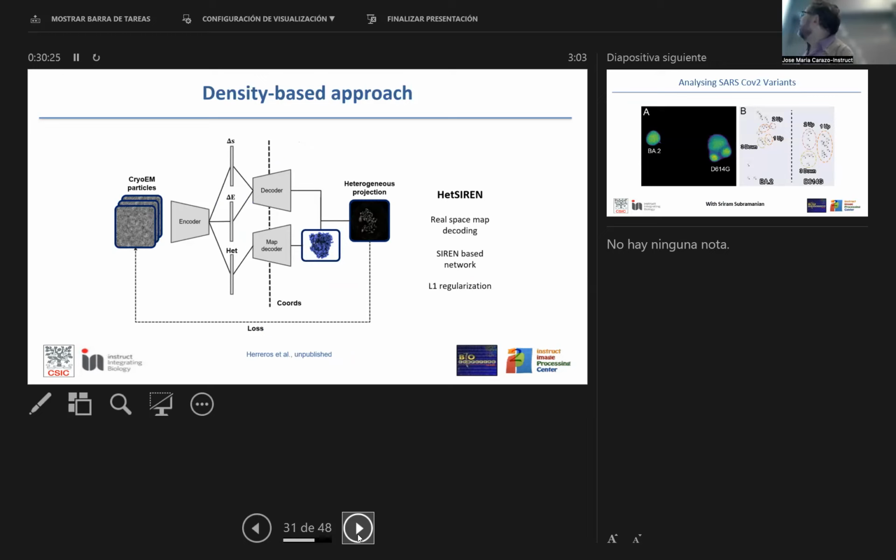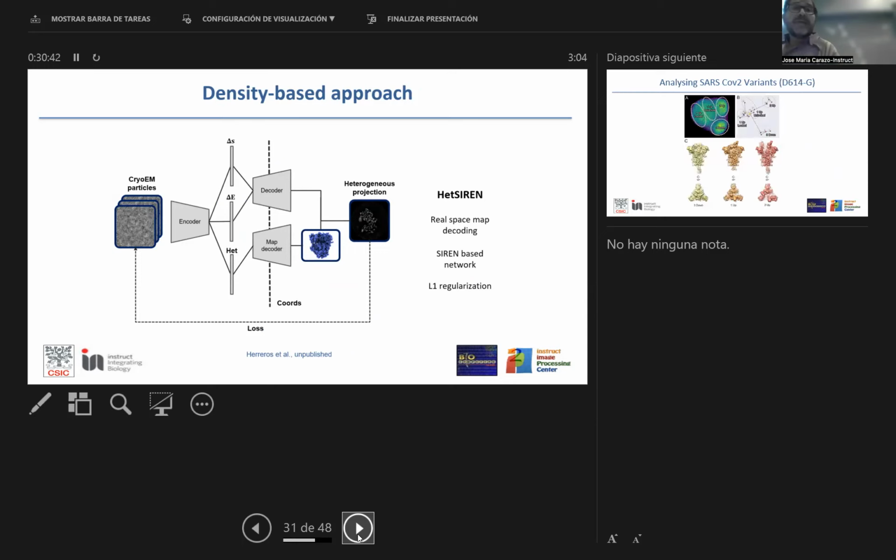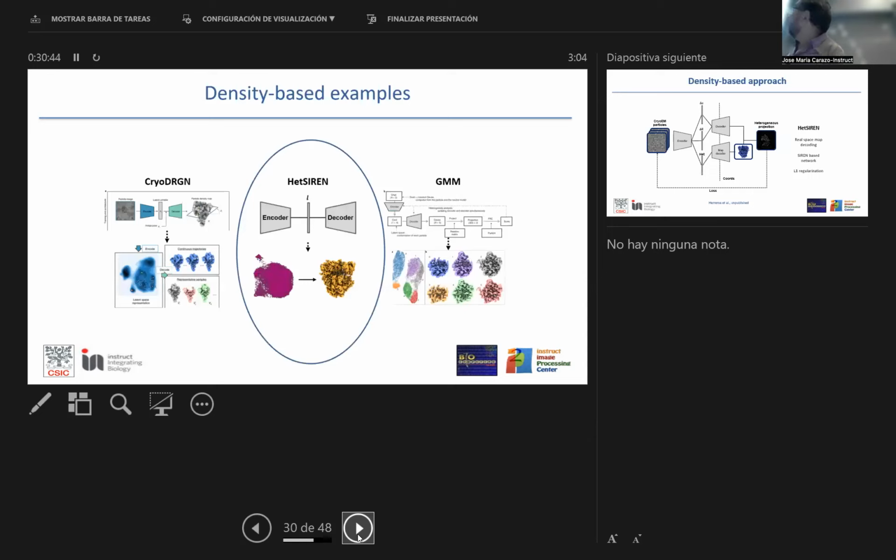I'm not going to go into the detail, but there are a number of nice things: we are working in real space. What does that mean? It means that you can put masks and focus your flexibility analysis on areas of your specimen. In other cases, it's more difficult. CryoDRGN works in Fourier space. If you want to put a mask in Fourier space, fine, but normally where you want to put the mask is in real space.